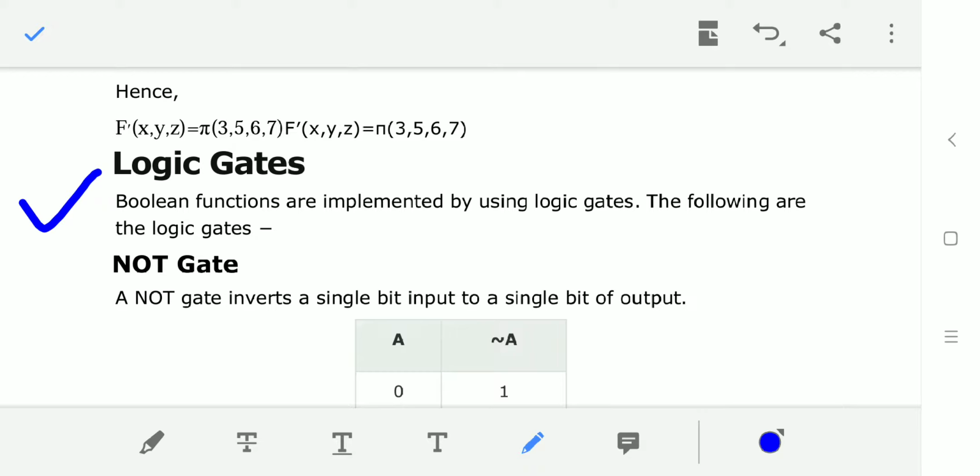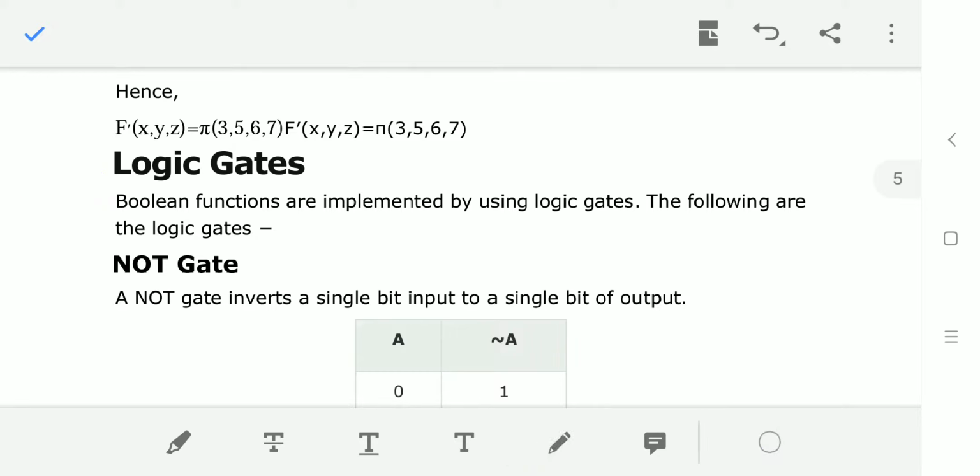First is the NOT gate. A NOT gate inverts a single bit input to a single bit of output.